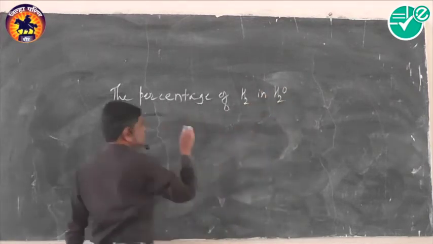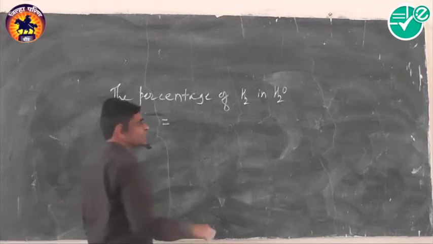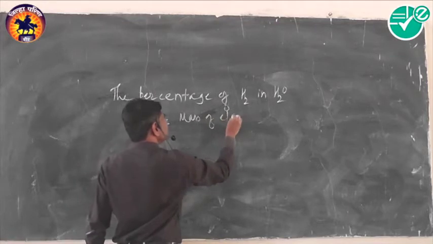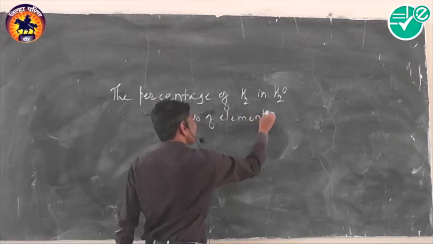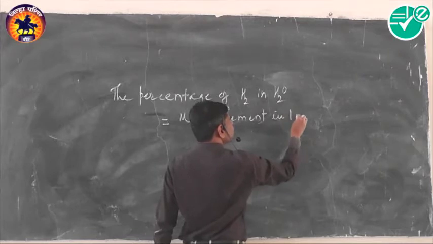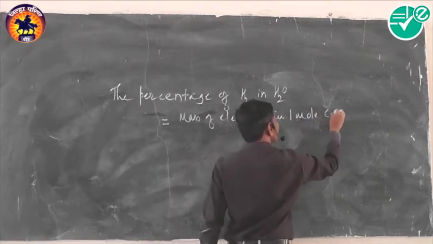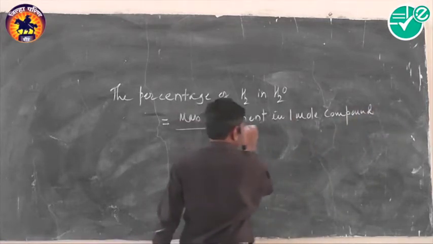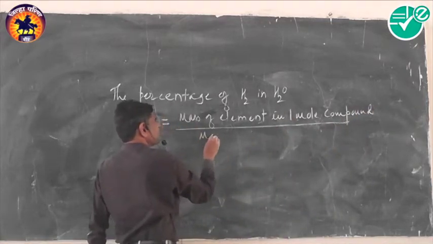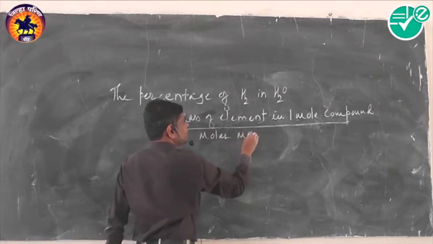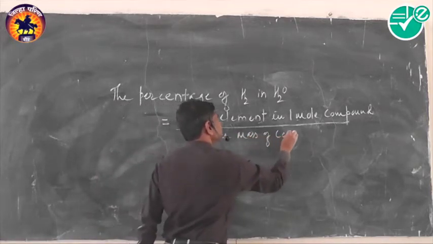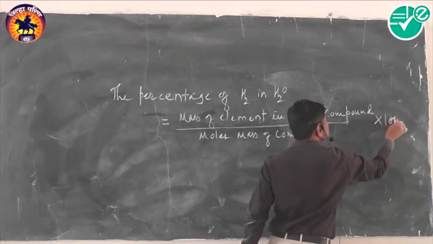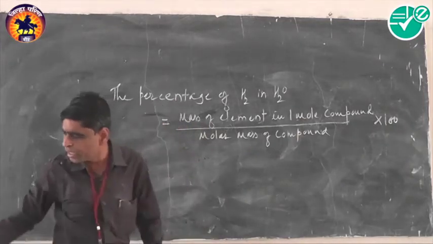You know how to calculate percentage: percentage is equal to the mass of element in 1 mole compound, divided by the molar mass of compound, multiplied by 100. It gives the percentage of element in the given compound.